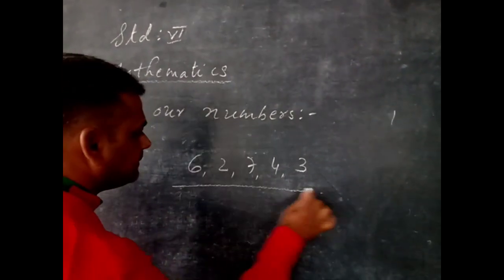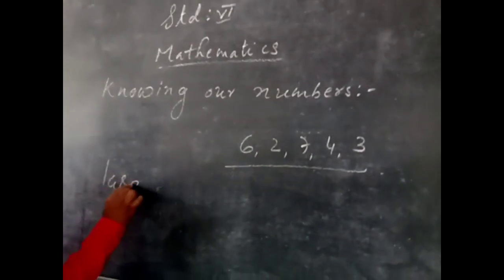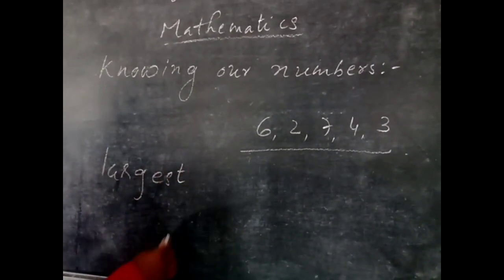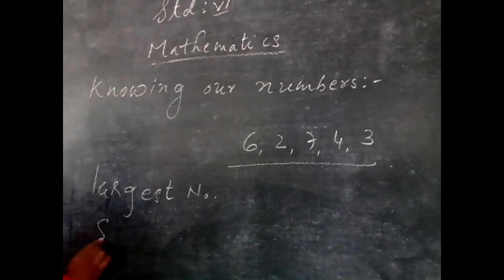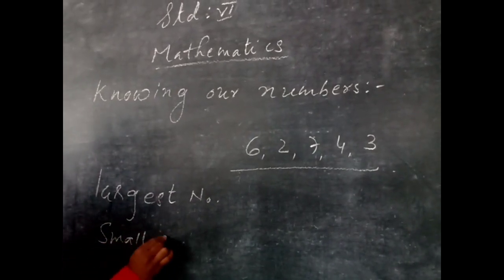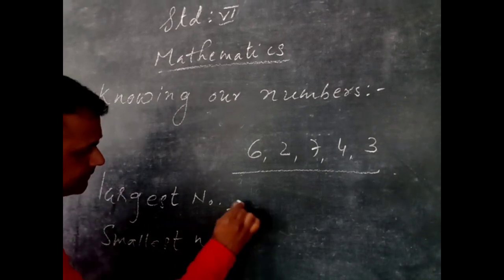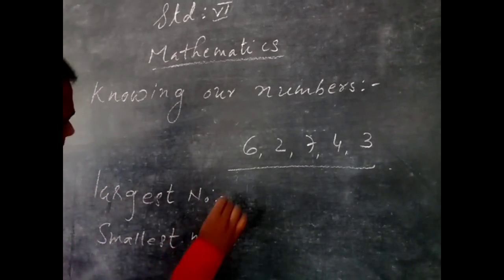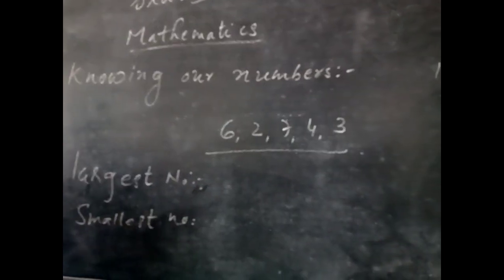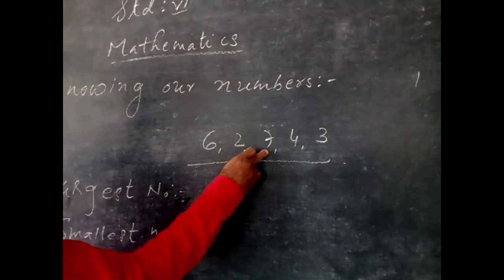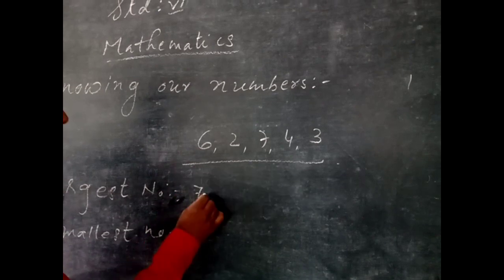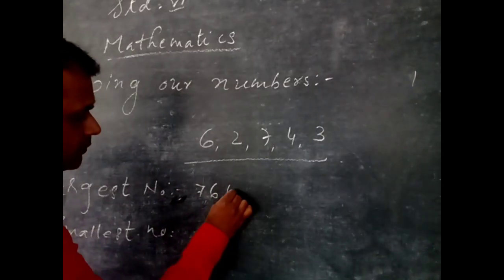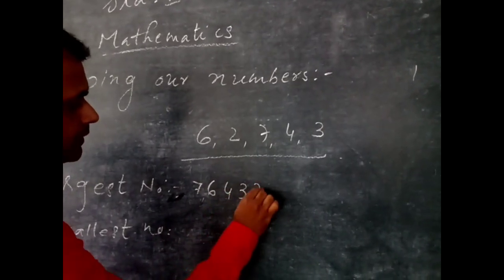Now see, first of all we make the largest number and the smallest number. How to make the largest number, we have already discussed before, right? Which is the highest digit from the given? 7. Next one 6. Then 4, 3, 2.